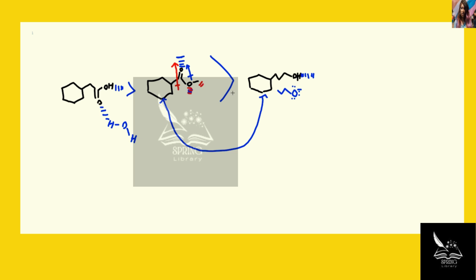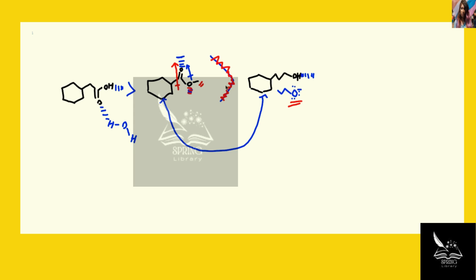So because of that, we can erase this trend that we thought would be true and say that because this is able to form a full charge, it is going to be more polar than this middle molecule that cannot generate any full charge on its polar atoms. For example, the very first one can get deprotonated, it's acidic, and have a full negative charge.